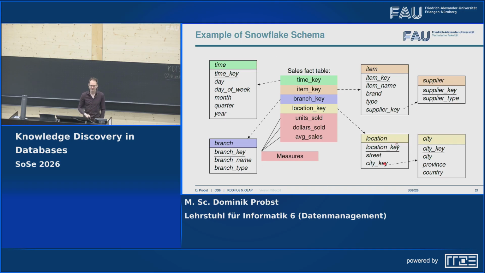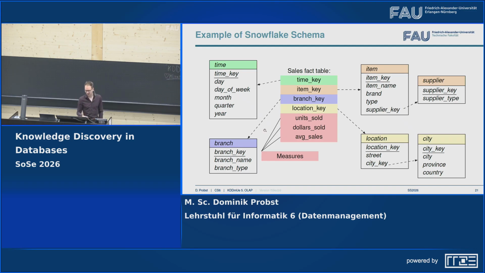Very important, this is not really a snowflake schema because it's not normalized perfectly. We would have to have 5 tables for time, 2 tables for branch, 5 tables for item, 4 plus 1, and we would have to have 5 tables for location, 2 plus 3.